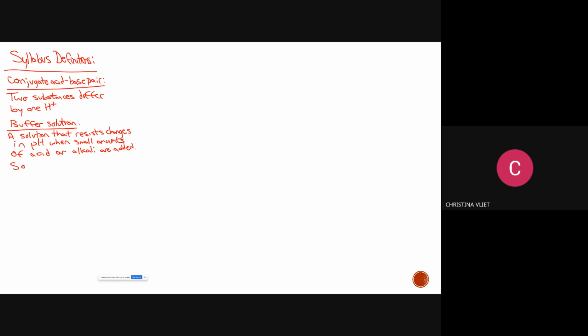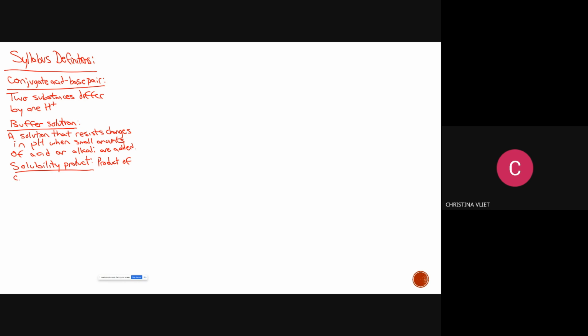Solubility product is the next definition, and this one, the wording I have for it is clunky. It's not the most fun. It's the product of the concentrations. This is the one where you say it's the product of, because it's the multiplication of the concentrations.